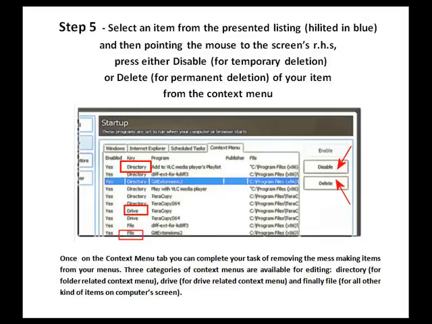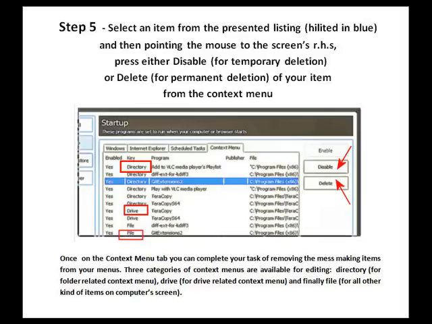For example, selecting directory will display the menu items you will see when you right-click on a folder icon on the Windows desktop. Similarly, the same applies to drive and file categories, meaning that under these categories you will see all the menu items that will appear when you click on drive and file icons respectively on the Windows desktop.